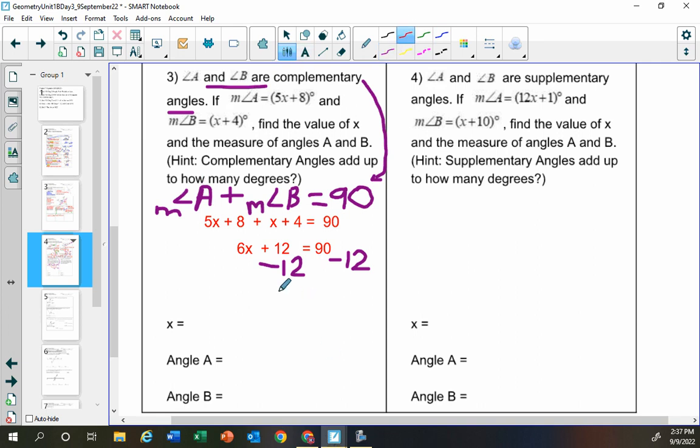Actually, we'll do this. Okay, so the 12s knock each other out. And then 90 minus 12 gives us what number? So 6x is 78.